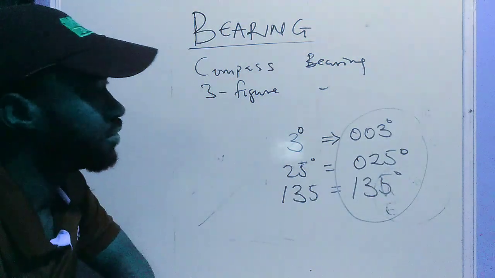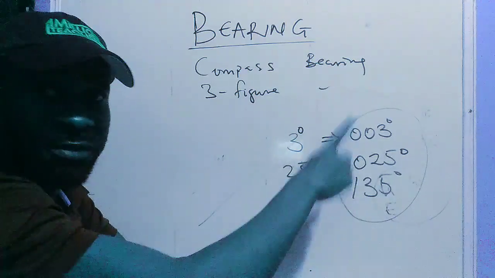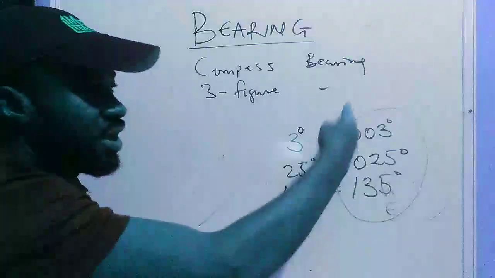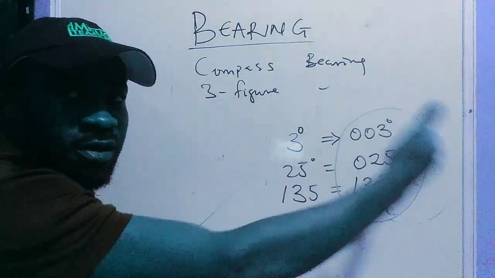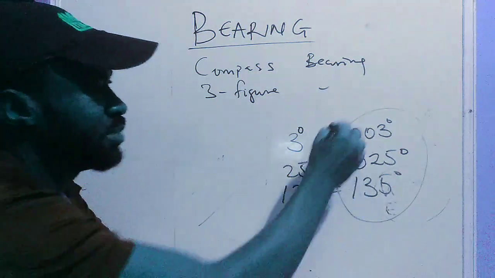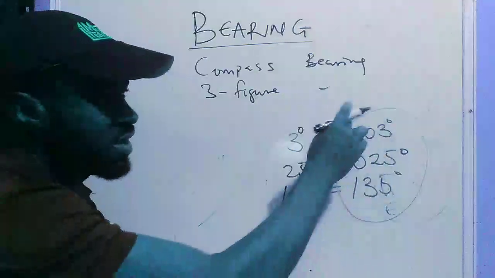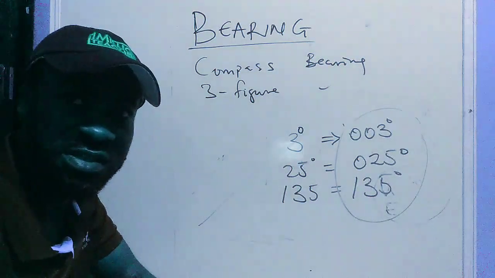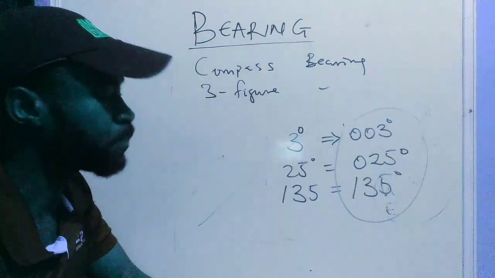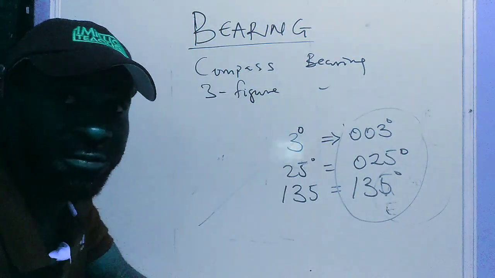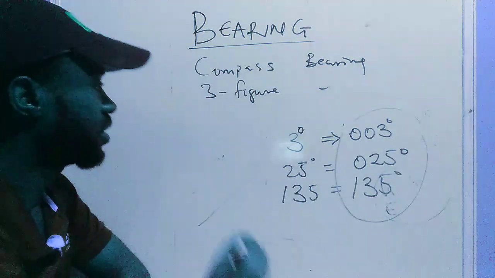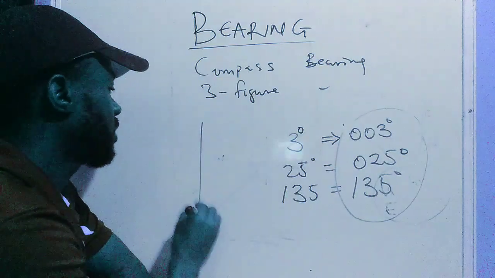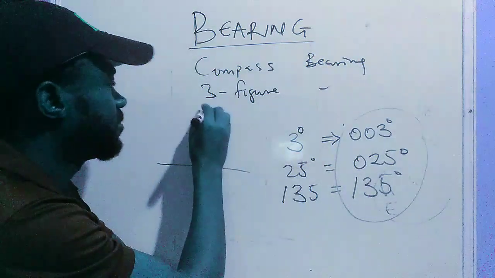Now, one thing about the three-figure bearing is that we don't have any letter preceding or ending it. We don't have north on it or south on it. We don't put those cardinal points when representing the three-digit bearing. But one thing about it is that it always starts from the north.